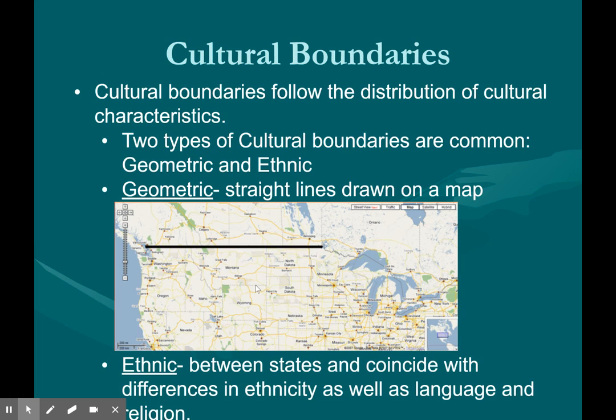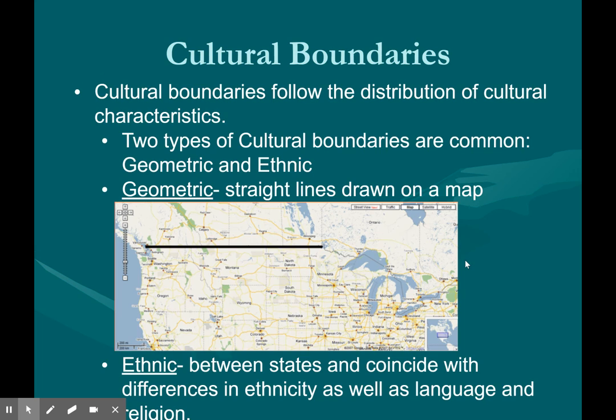We also see ethnic boundaries come into play between states and coincide with differences in ethnicity as well as language and religion. An example of this would be in Canada, Quebec, a primarily French-speaking province. You have the boundaries set based on ethnicity, language and religion, and looking at how that could divide.